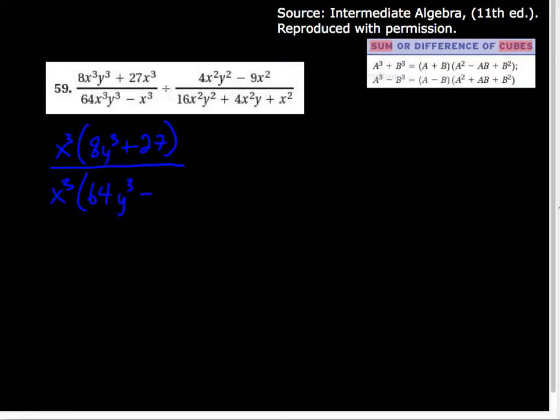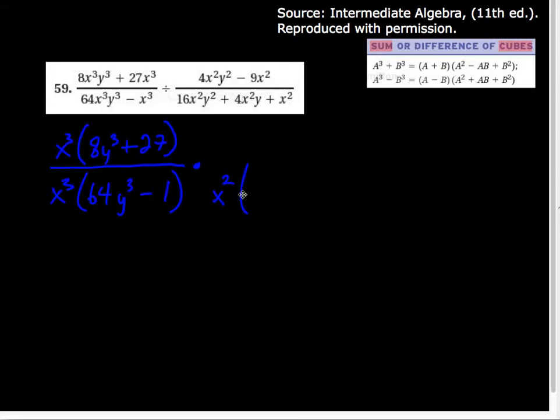64y cubed minus 1. Okay, I'm going to change the divide to a multiply, and on the top here, factor out an x squared. Oh, I have to invert this though, so this has to go on the bottom. So x squared. Now, if doing a couple of steps like this together messes you up, just do one step at a time.